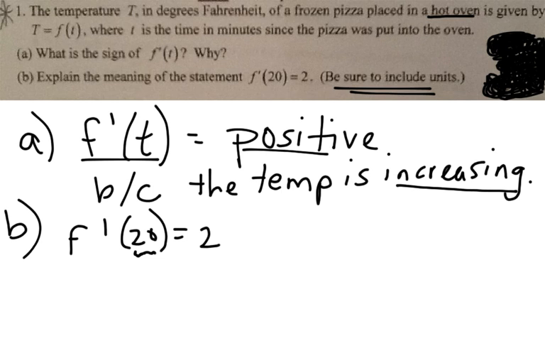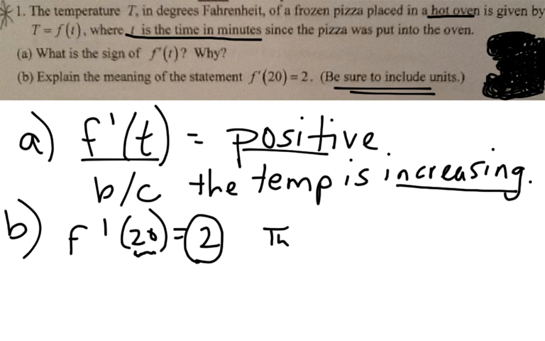So that means, and t is time in minutes, so 20 minutes after the pizza went into the oven, the rate of change of the temperature is 2. 2 what? 2 degrees Fahrenheit per minute, based on the units given in the problem.